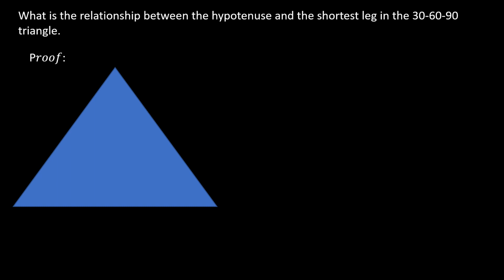So if it is an equiangular triangle, it follows that all the angles have a measure of 60 degrees. And it also follows that all of its sides are equal. So it's an equilateral triangle. Let us assume that all of its sides have measures of 2.